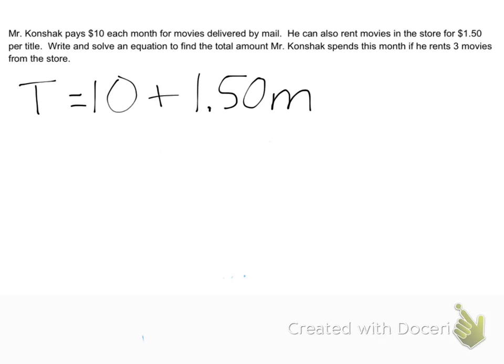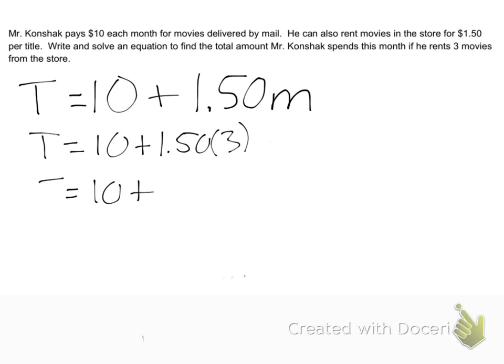I put 3 in for M. 3, guys, is my replacement set number. So my total will be 10 plus 1.50 times 3, or 10 plus 4.50. Or it costs me how much this month? $14.50. Don't forget your dollar sign.